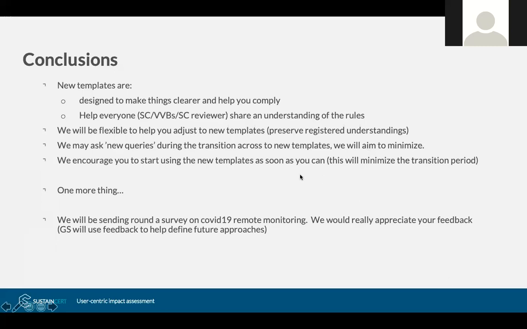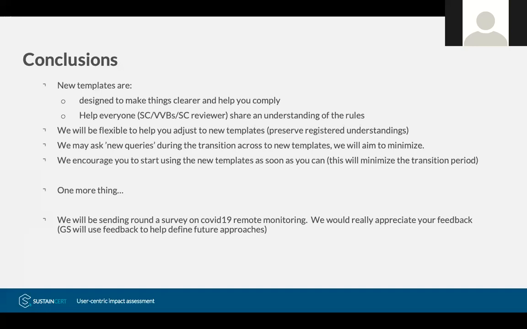So in summary, what we've hoped to do with these new templates is make things clearer and help you comply with Gold Standard rules, and help everyone, so Sustained cert VVBs, Sustained cert reviewers, share an understanding of the rules, so that concept of a single source of truth that I mentioned earlier.